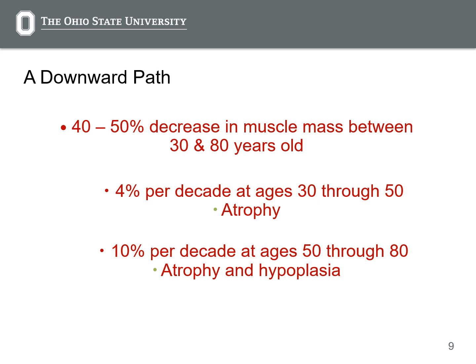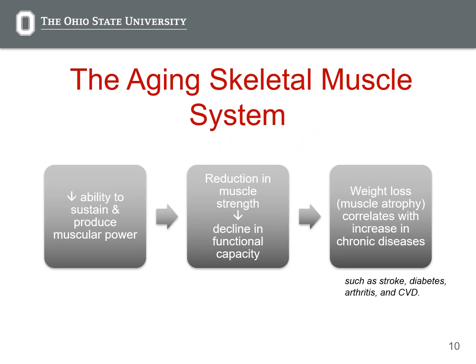And then there's about a 10% decrease in muscle mass at the ages 50 through 80. So as we get up towards that top of the hill at 50, we see a larger decrease in that muscle mass, and that's going to be more due to the atrophy and the hyperplasia. So now our cross-sectional area is getting smaller, our muscle fibers are getting smaller, and then we're also losing the amount of muscle fibers that we have in that cross-sectional area due to inactivity and not using those.